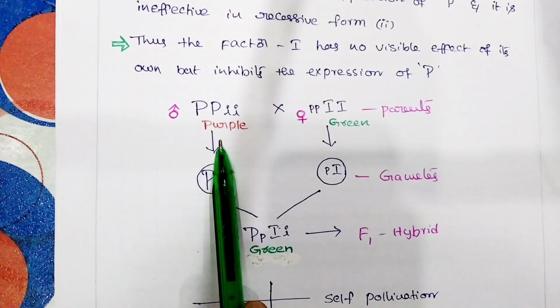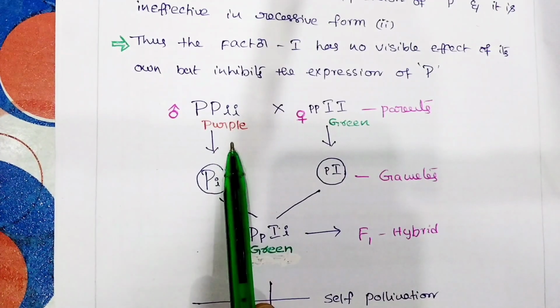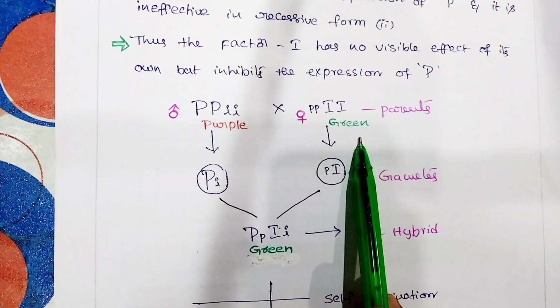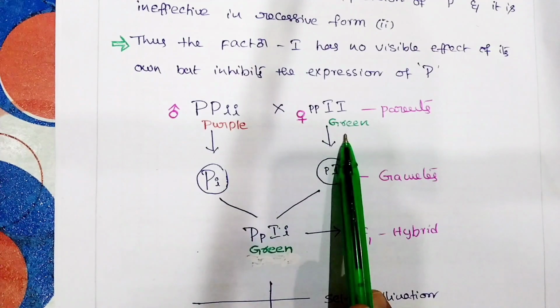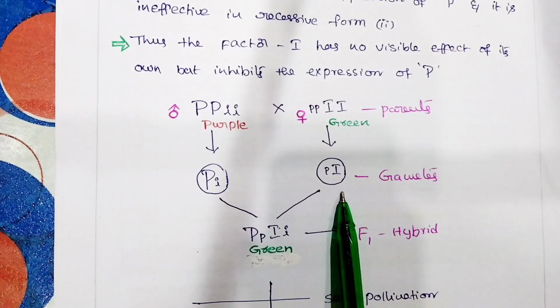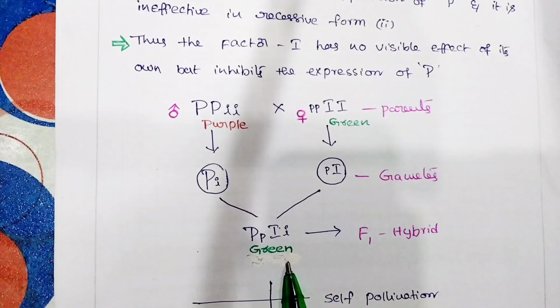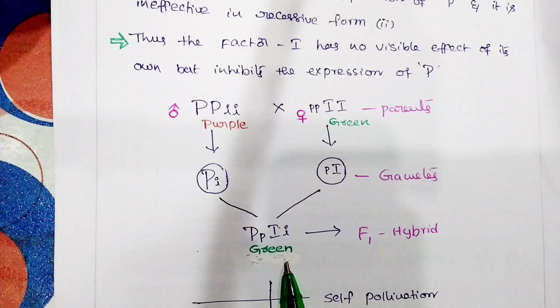Here the pure breed purple leaf colored rice plant is crossed with a pure breed green leaf colored plant. These are used as parents, and they produce gametes during reproduction. The F1 hybrid will be produced.